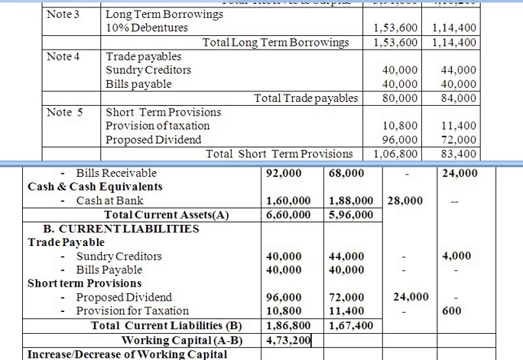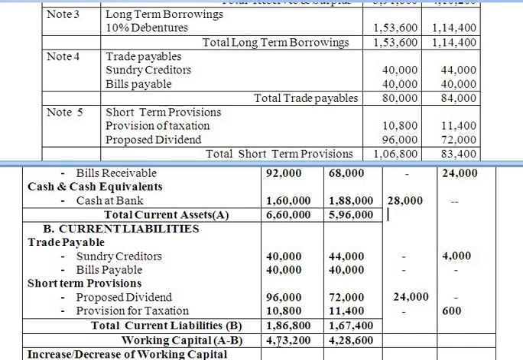Okay, and here 5,96,000 minus 1,67,400 is equal to 4,28,600. Okay, now make the total of the increase column.